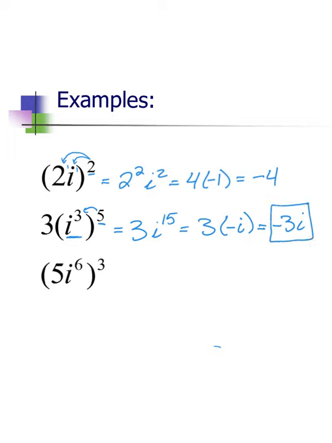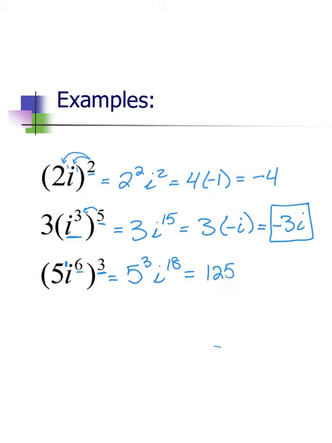If I look at the third example, again, this exponent of a 3 goes to the 5, the 6, and the 1 that's there that's not written. We're going to multiply our exponents. 1 times 3 is 3. 6 times 3 is 18. So in your calculator, you could do 5 caret 3, and you will get 125.